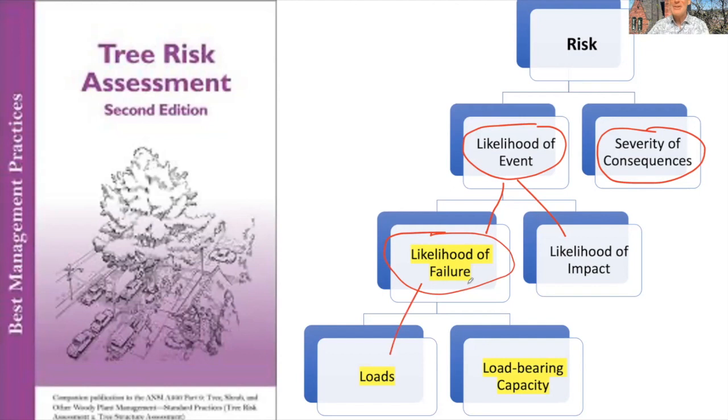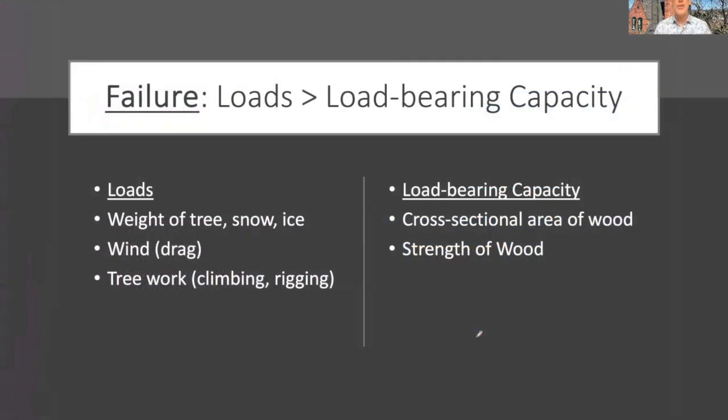The likelihood of failure depends on the loads that a tree experiences and its load-bearing capacity. And this is where decay comes in. Decay influences the load-bearing capacity, as we just described. Failure is basically the loads that the tree experiences exceeding its load-bearing capacity.